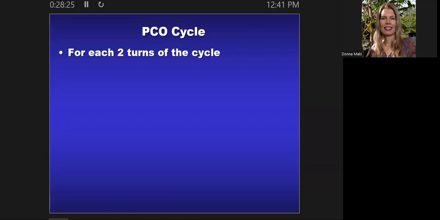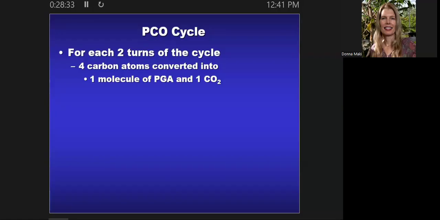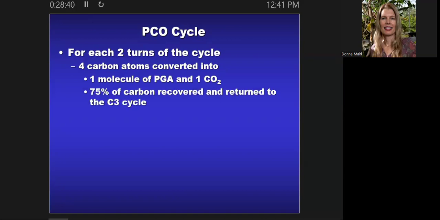For every 2 turns of the PCO, you end up with 4 carbons, if you look at the glycines, but one of them gets lost in the form of CO2, and then you get 1 PGA that can get sent into the C3 cycle. So of these 4 carbons, one is given off as CO2, and the other 3 carbons will make the phosphoglycerate. And the PGA can go right into the C3 cycle.